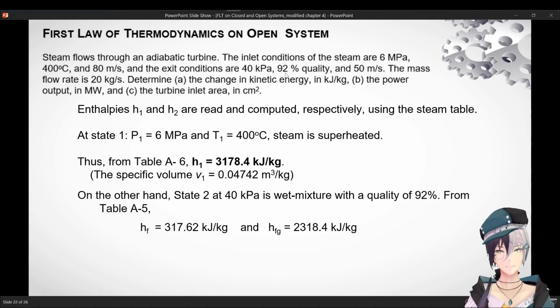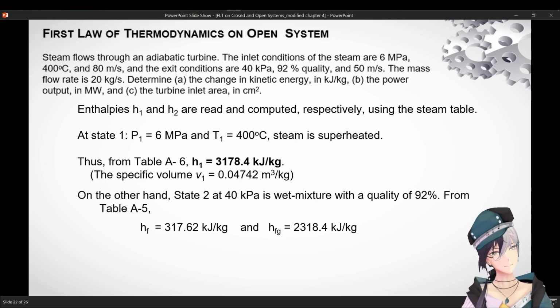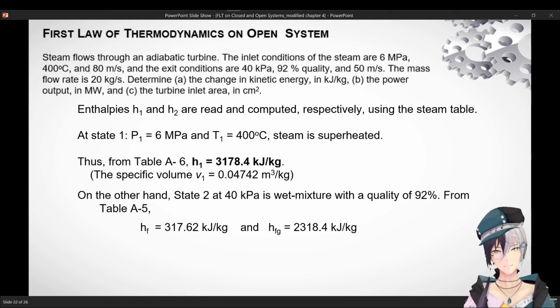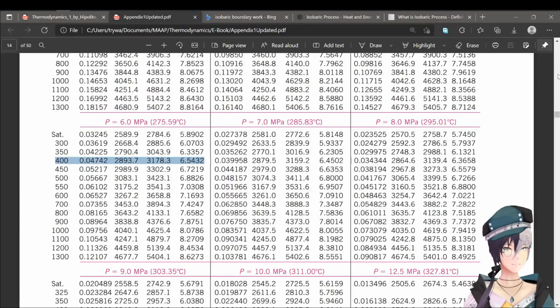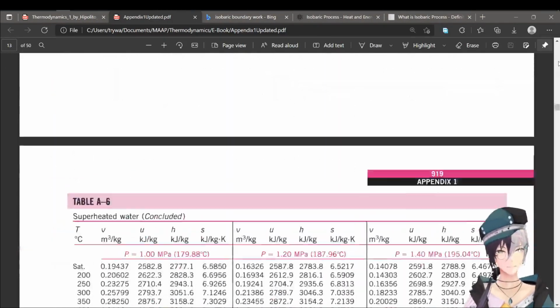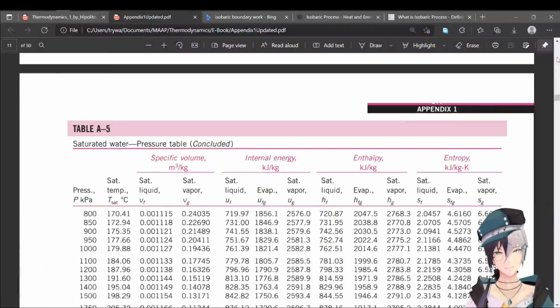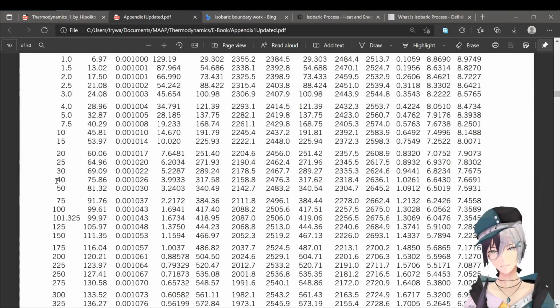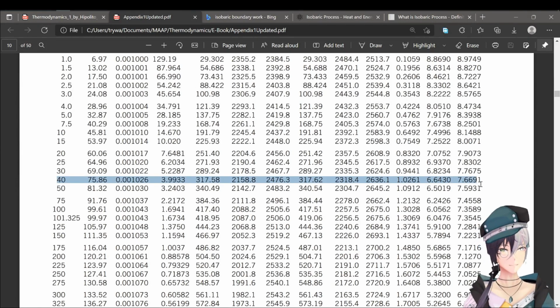So knowing those values, we now go to state 2. Since we are given quality 92%, then we know that it is in the liquid-vapor region. So at state 2, given 40 kilopascal, let's proceed to the table. So there you go, 40 kilopascal.